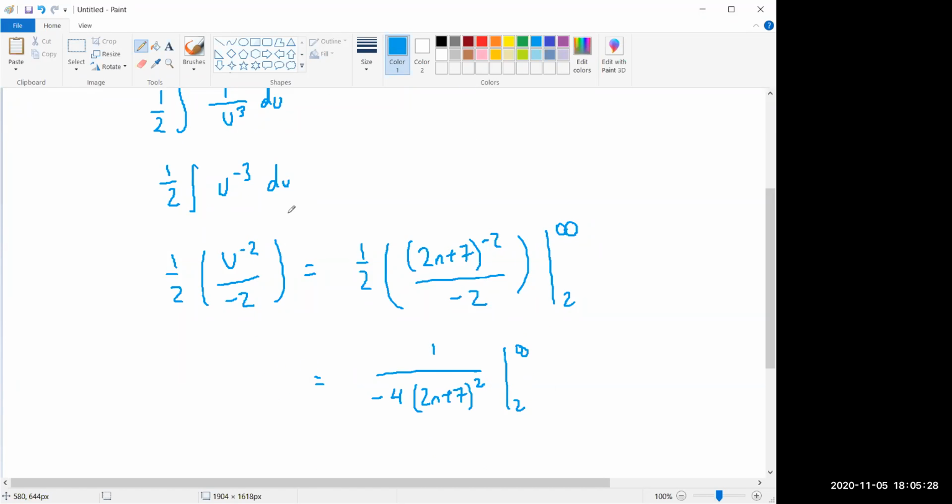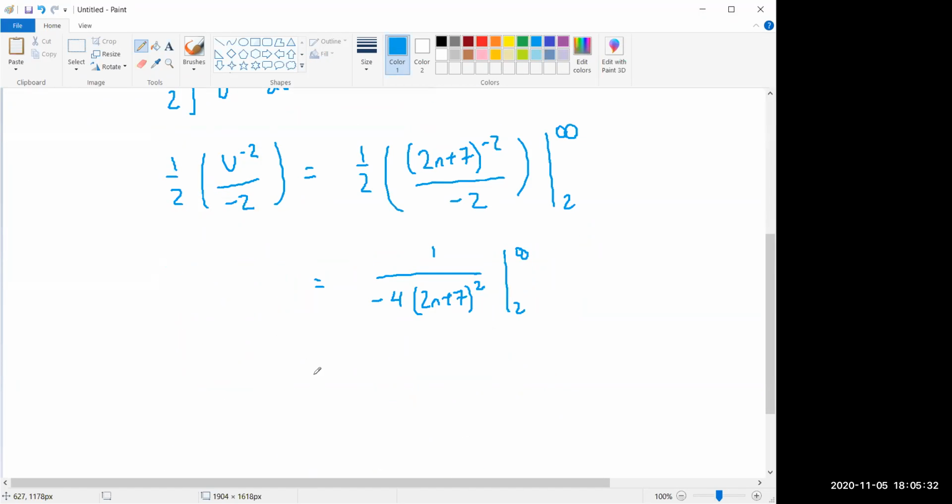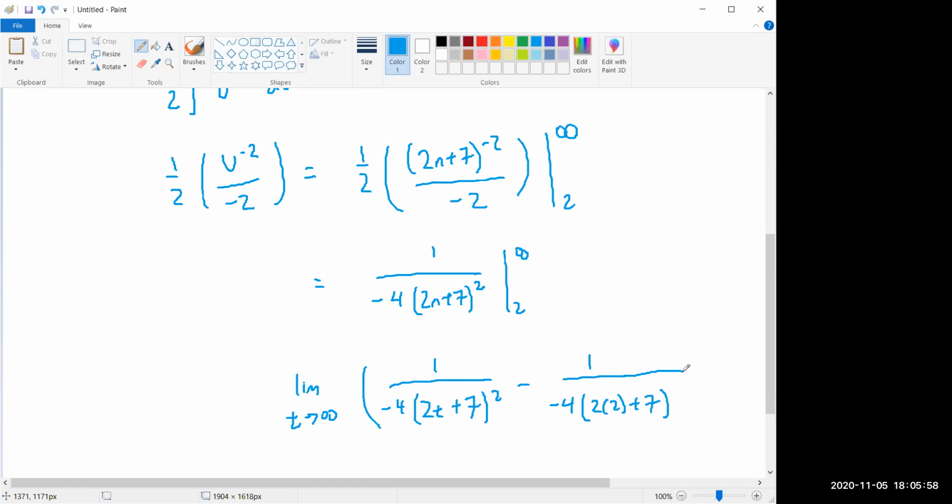Keep in mind that this was an improper integral, right? Because the limit was infinity. So you have to take the limit as a variable goes to infinity of 1 over negative 4 (2t plus 7) squared, minus the bottom limit. So that's negative 4 times (2 times 2 plus 7) squared.